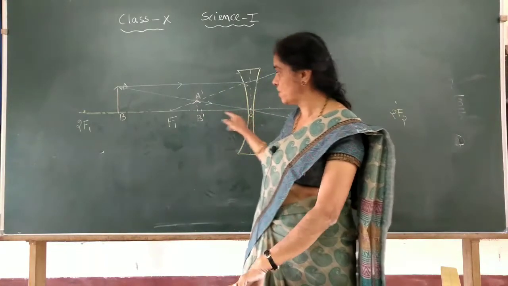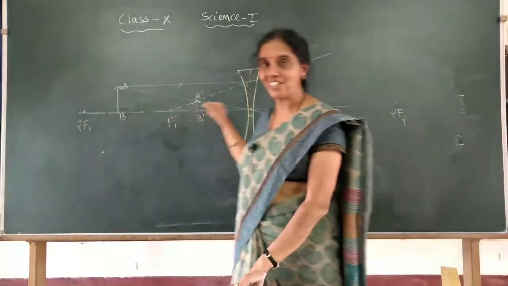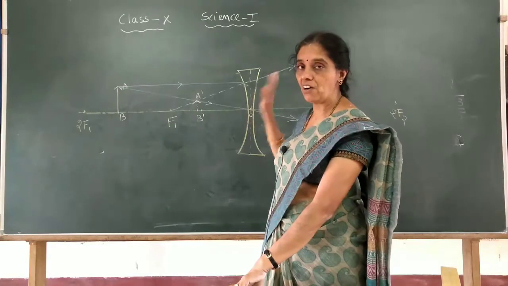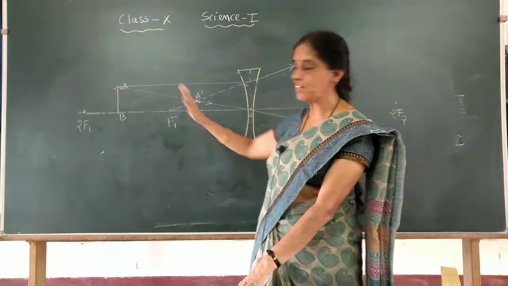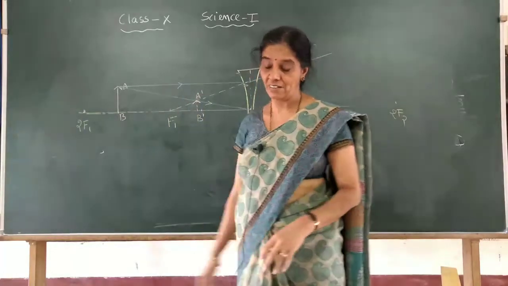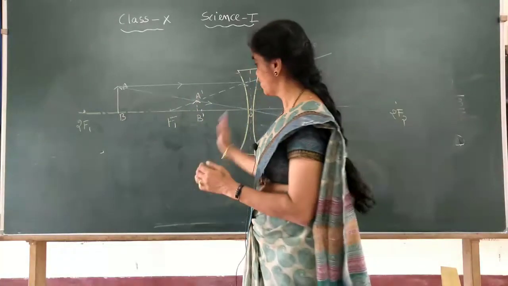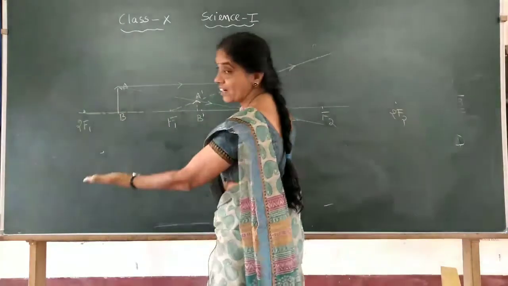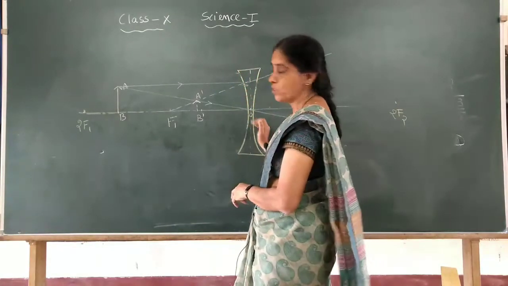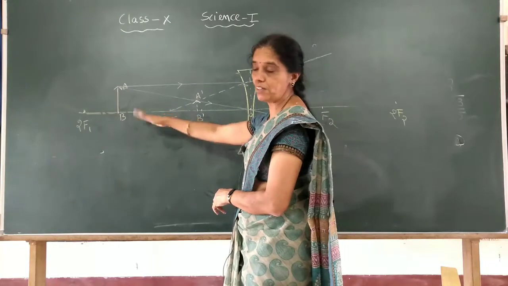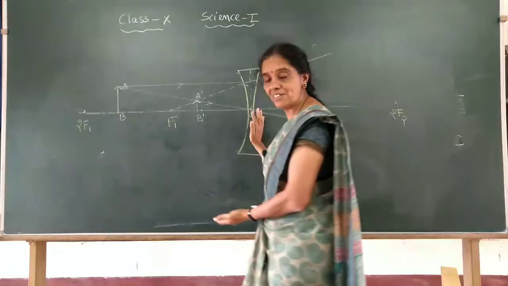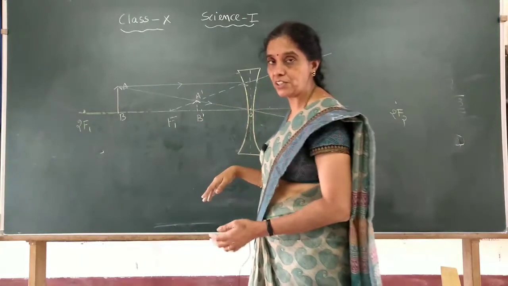So here also the principal axis is taken as the x-axis, with this point as the starting point, and we always keep the object on our left side. You know that on the x-axis, with the origin, the left-hand side is negative numbers and the right-hand side is positive numbers. So the object is always placed toward the left of the lens, and it should be taken as negative.